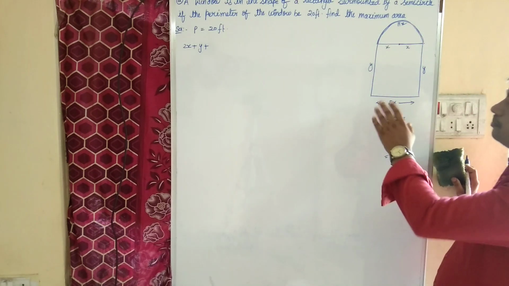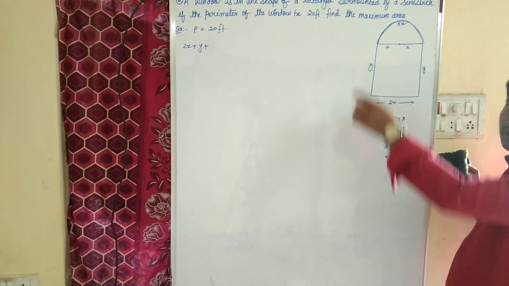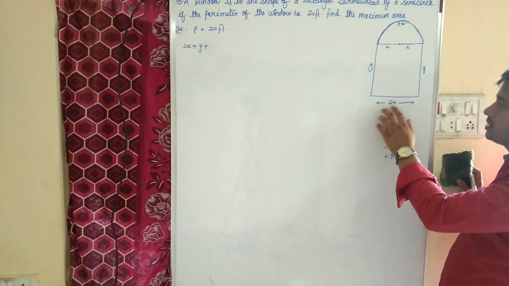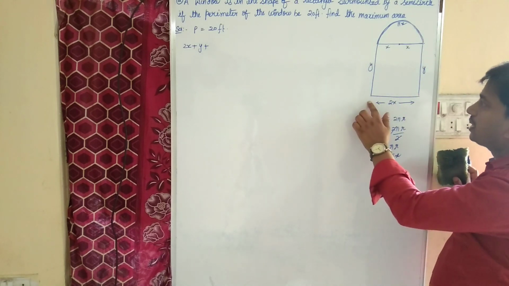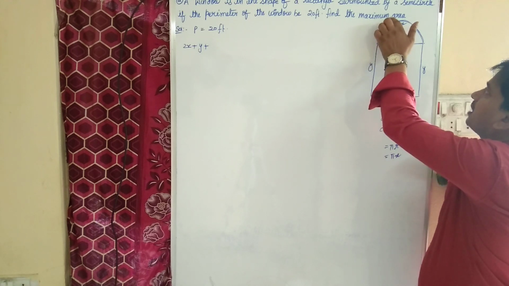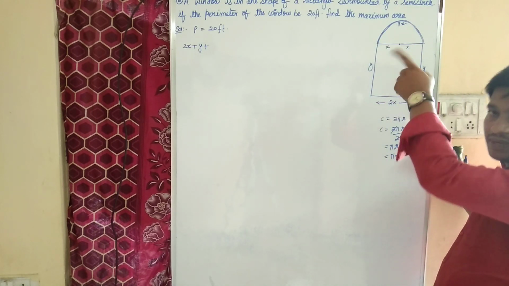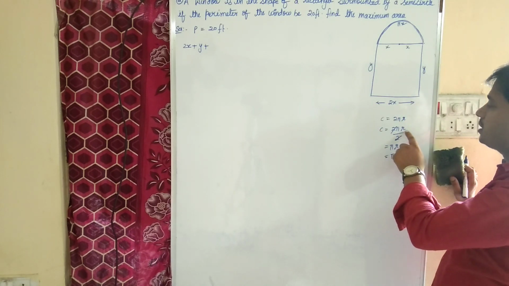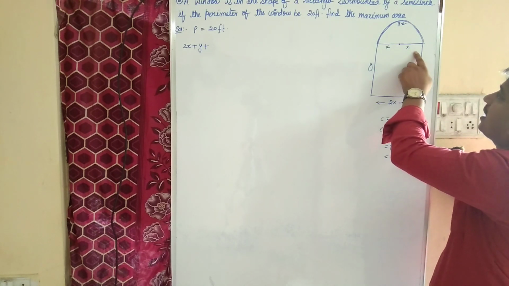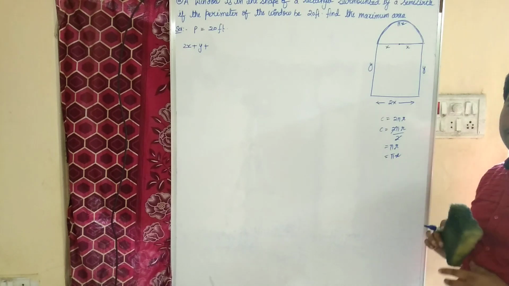Is it understood? Perimeter means sum of the lengths of all the sides. From here we are going, this is 2x, then this is y, then this side will be the circumference of the semicircle, which is pi x, since the radius is x.